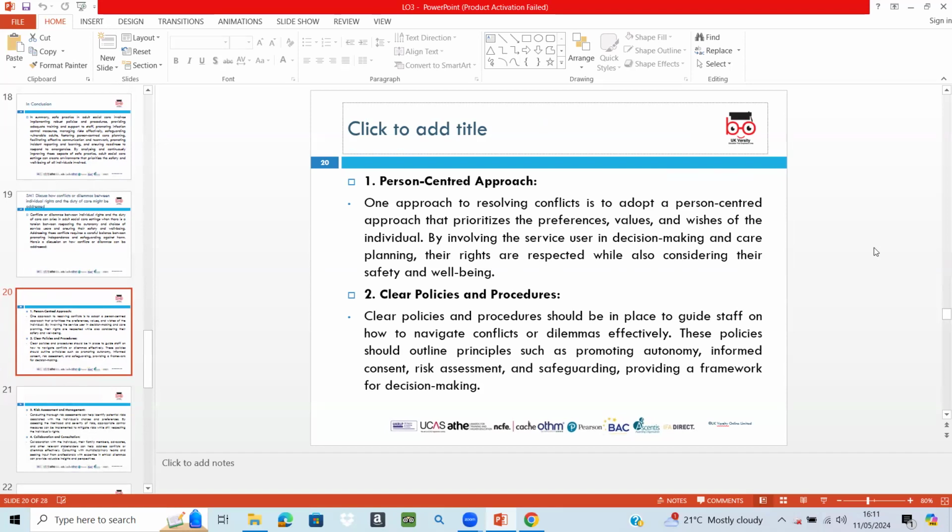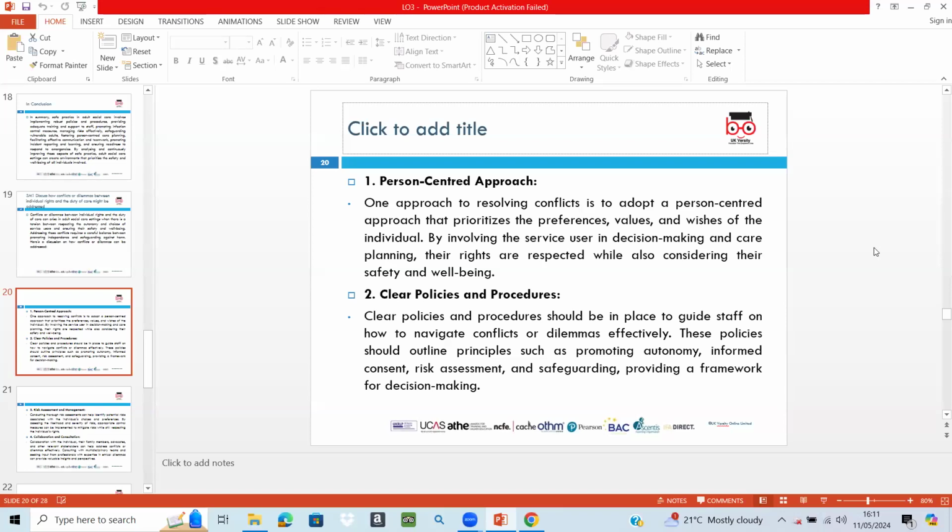For example, there could be a situation where a service user with a cognitive impairment refuses to take medication. Instead of imposing the medication against their will, the staff could engage in a discussion with the service user, explore some alternatives, and work collaboratively to find a solution that respects the individual's autonomy while ensuring their health and well-being.